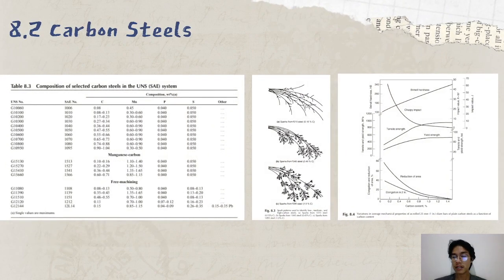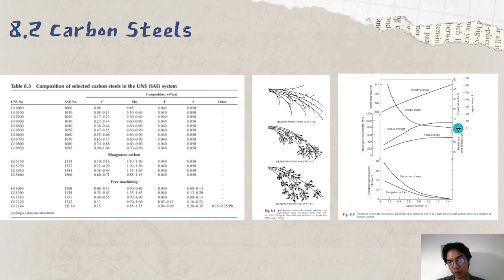The second is 8.2, carbon steels. You can see table 8.3, composition of selected carbon steels in the UNS/SAE system. In this table you can see many numbers, and picture 8.3 is a spark pattern to identify low and high carbon steels, a spark from 1015 steels.